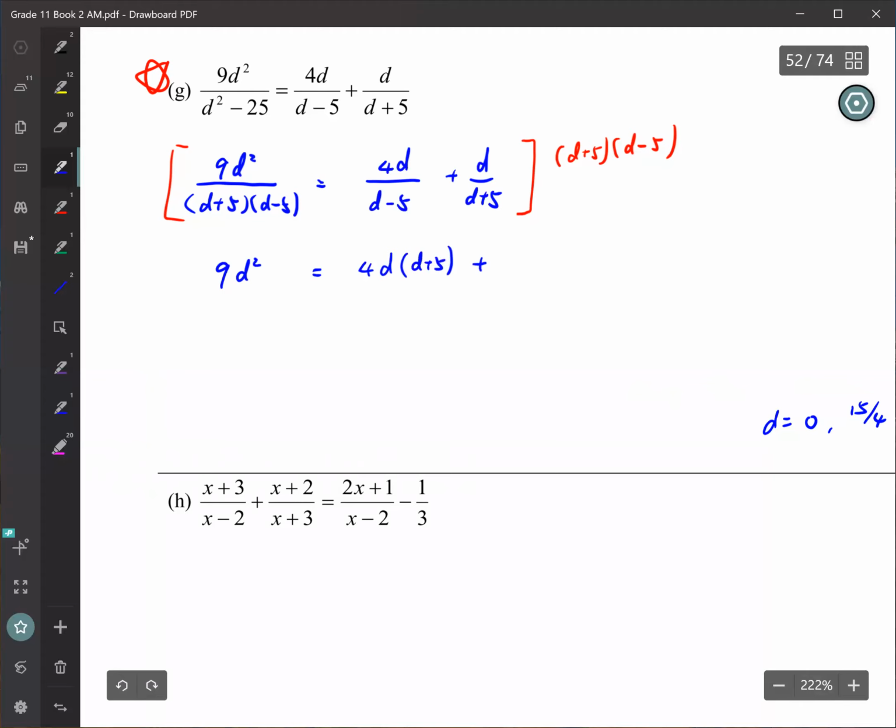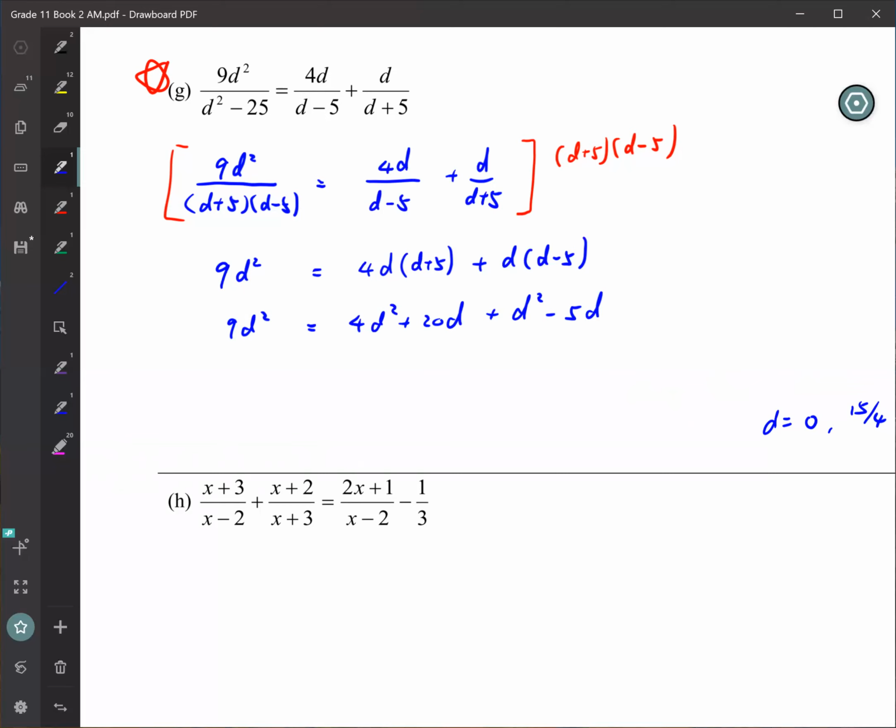Okay, and then with the third one, Eric, what's left? D times d minus 5. Yeah, d times d minus 5. Okay, and then after that, you start simplifying, expand it carefully. The 9d squared equal to 4d squared plus 20d plus d squared minus 5d.